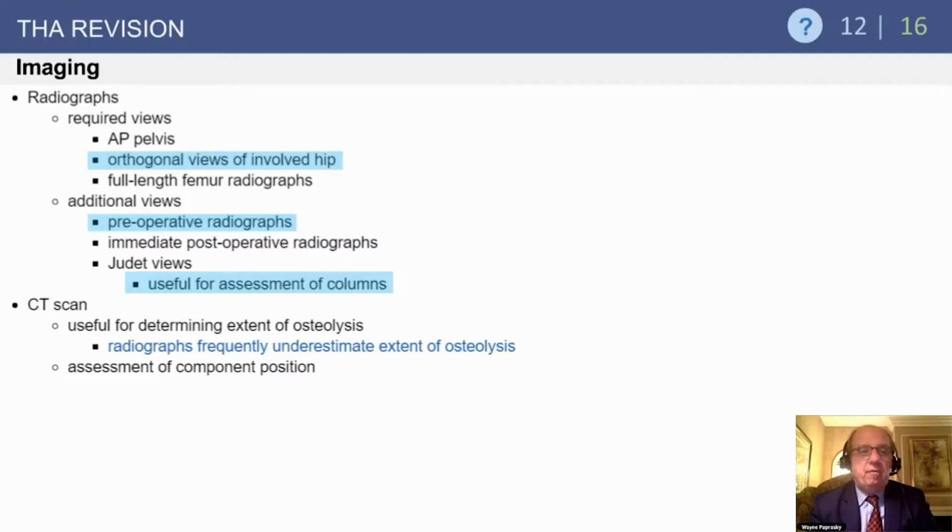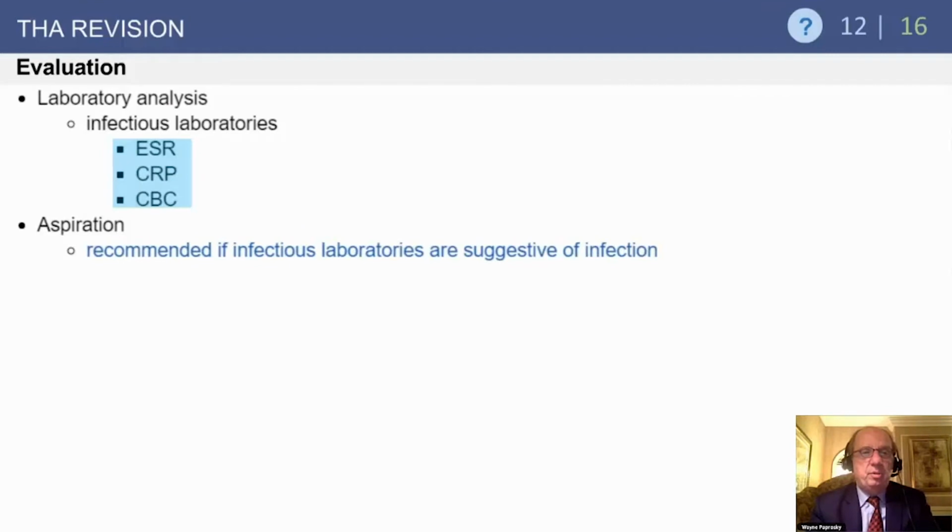CT scans are very useful to estimate osteolysis, since you don't want to get in there and have just used a radiograph and then be sorry you're in there because there's way too much lysis to deal with. Also, CT scans are very useful to assess component position.